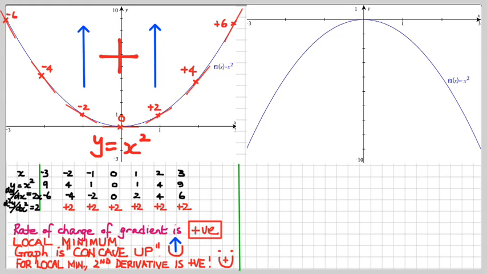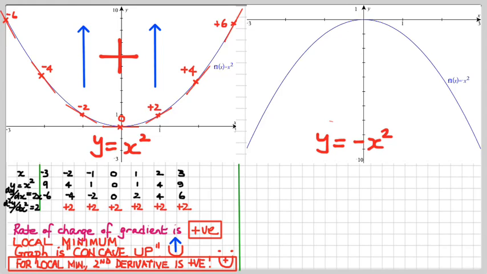I'll just put a box around here to show you the little smiley face. The smiley face shows you that he's positive, he's feeling positive, and the mouth forms the curve. So if you've got a local minimum, you put the eyes on there, it looks smiley, and he's positive. That tells you that the second derivative is going to be positive for a local minimum.